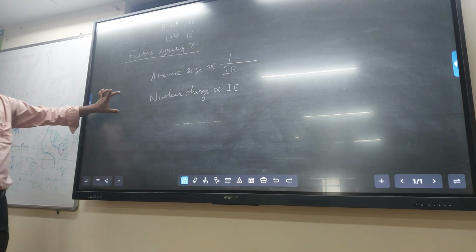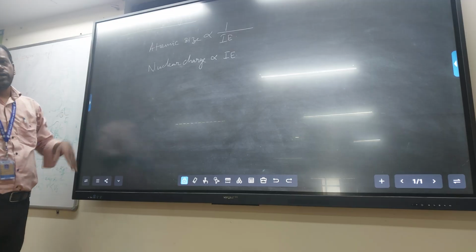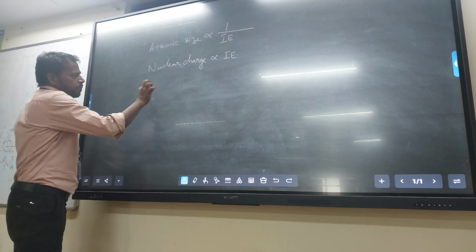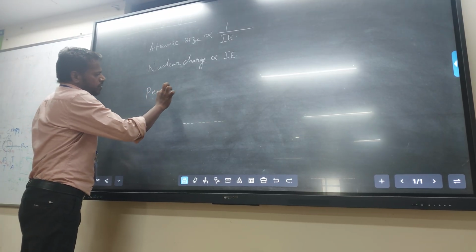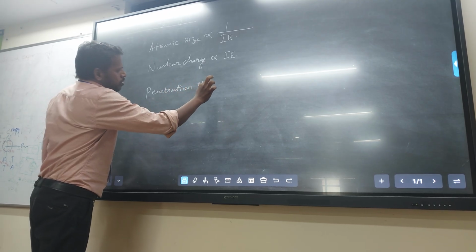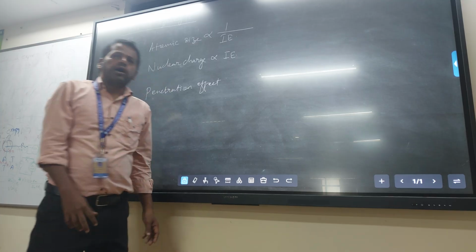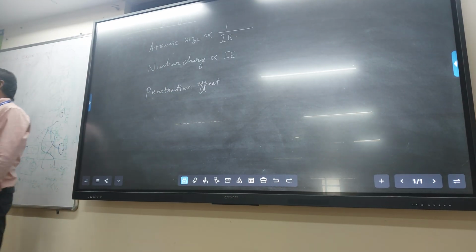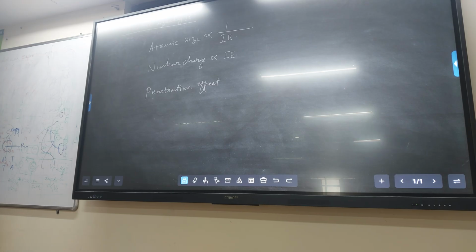Sometimes the penetration effect also influences the ionization energy. The penetration effect also contributes to the ionization energy, which means the s orbital, p orbital, d orbital, f orbital. The ionization energy for pulling out an s electron is the maximum, decreasing for pulling the electron from the p orbital.